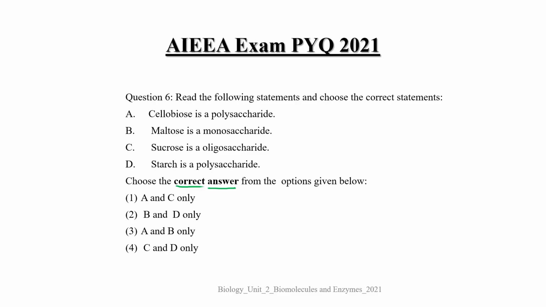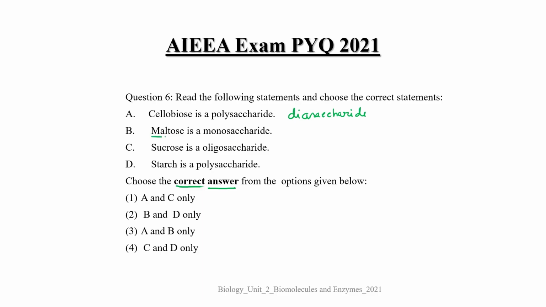Okay, now let's discuss. Cellobiose is a polysaccharide? No, it is a disaccharide. It is not a polysaccharide. It is made up of 2 units of glucose, linked by a beta 1,4 glycosidic bond. Similarly, choice B says maltose is a monosaccharide.